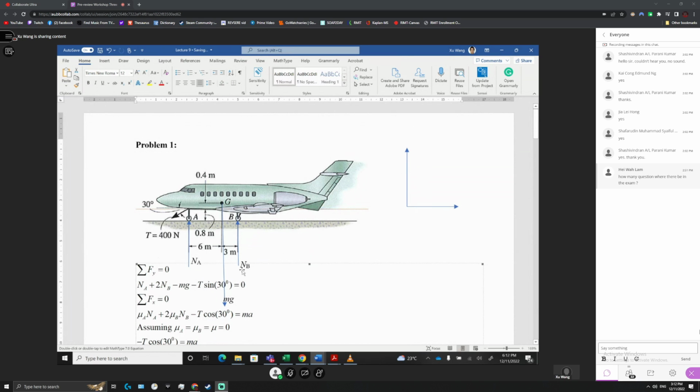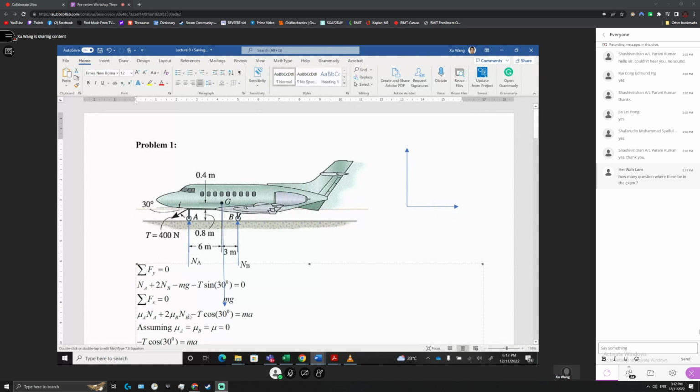In the horizontal direction, you have T cosine 30 degrees, but it pulls in the direction opposite to the positive, so minus T cosine 30 degrees. Then there is friction: mu Na at the nose wheel goes in the positive direction, and at the wing wheel the friction is opposite to the motion, 2 mu Nb, also positive, since left to right is positive.